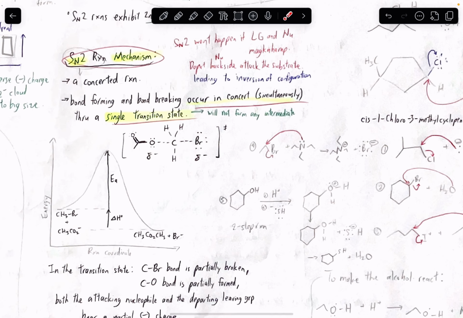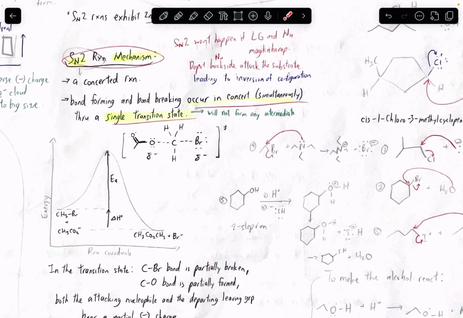Also, Sn2 will not happen if the leaving group and the nucleophile are faced in front of each other. There's something called backside attack. It has to lead to inversion of configuration. More on that later.